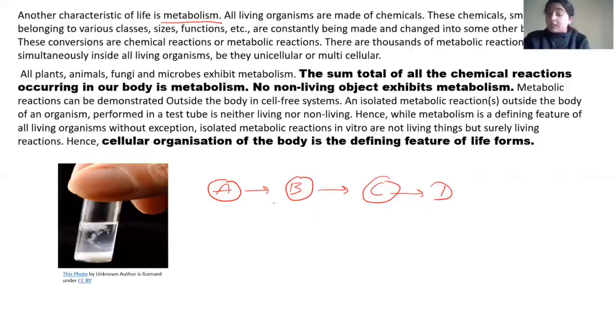And these can be interchangeable, like B can convert into A, C can convert into D. So metabolism is the sum total of all chemical reactions occurring in the body. This is a defining characteristic because no known living organism exists without metabolism.